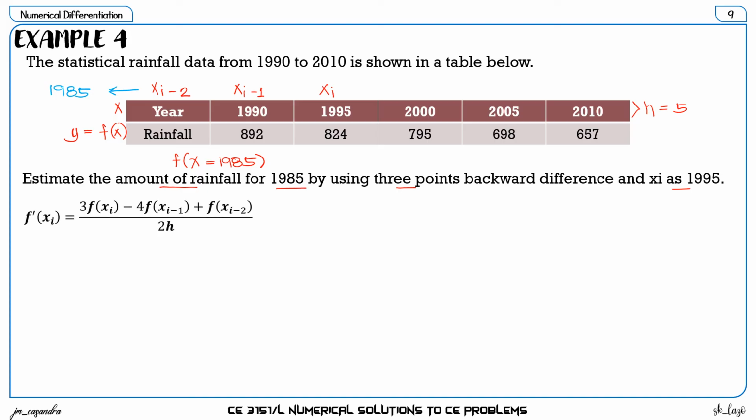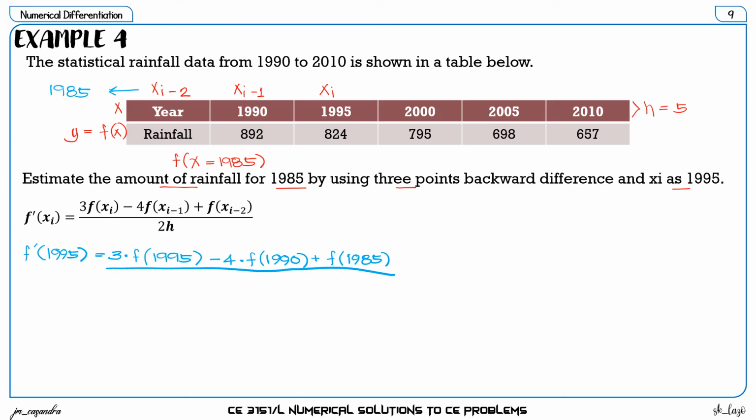If we substitute, we will have f prime of 1995 is equal to 3 times the function of xi, so the function of 1995, minus 4 times the function of xi minus 1, that's 1990, plus the function of xi minus 2, 1985.